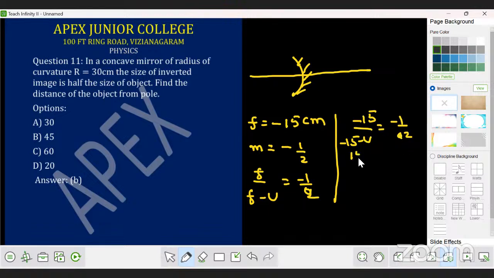Minus will be cancelled everywhere. That is 15 by 15 plus U equal to half. By taking cross multiplication, 30 equal to 15 plus U. Magnification is minus half only.